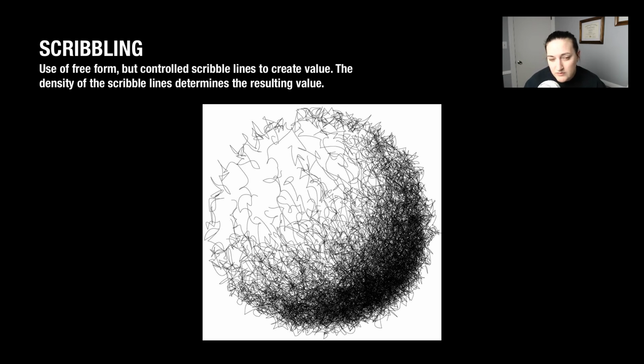So the key word here being controlled. So we're not just putting scribbles wherever we want. We are specifically using scribble marks and controlling them and making them denser in areas where we want a darker area. But again, the farther apart the scribble lines are, the lighter the area is, right?